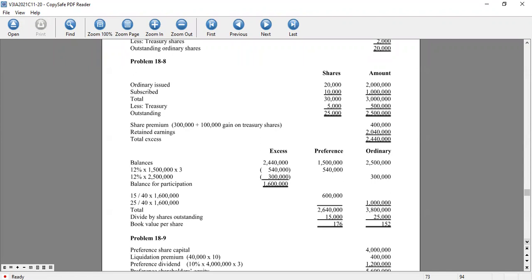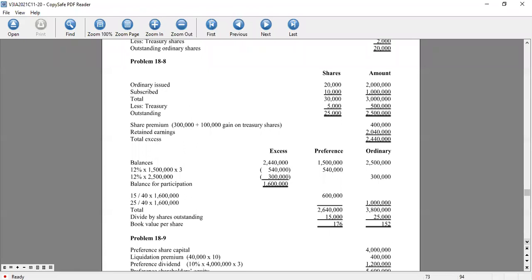For the total of preference shares, divided by the number of shares outstanding, the same with the ordinary. So the book value per share on the preference is 176 pesos per share, and ordinary is 152 pesos per share.